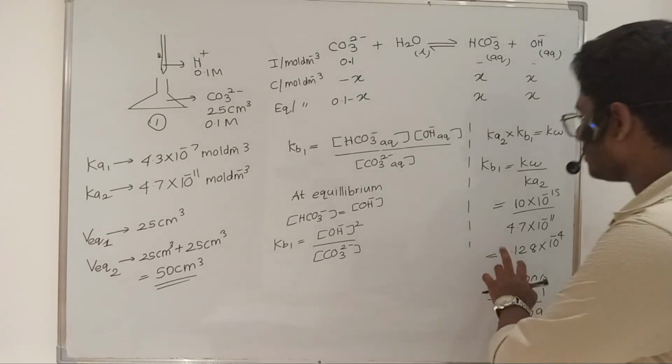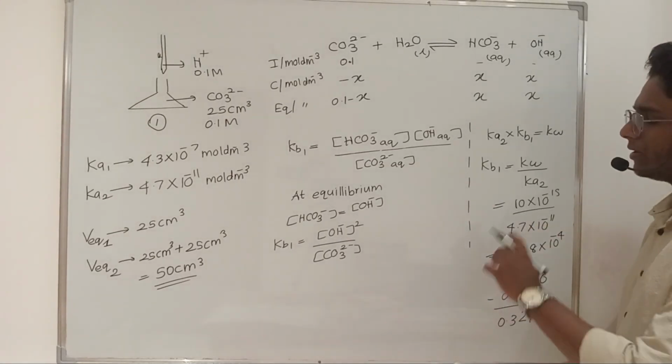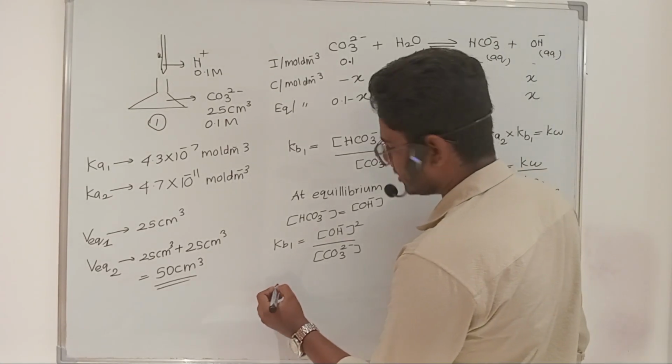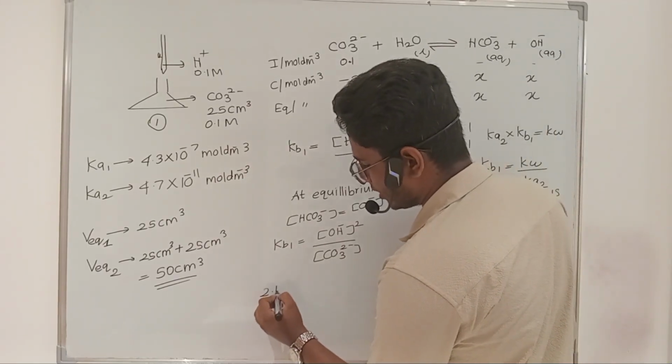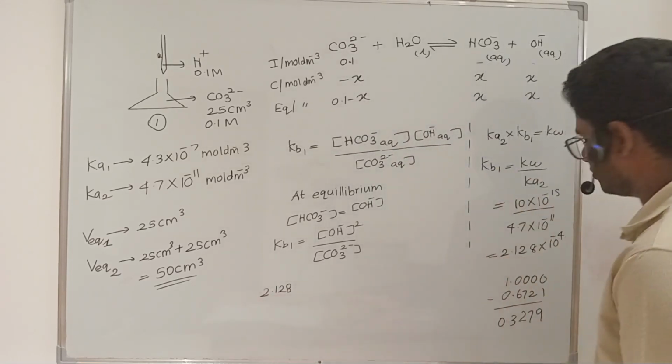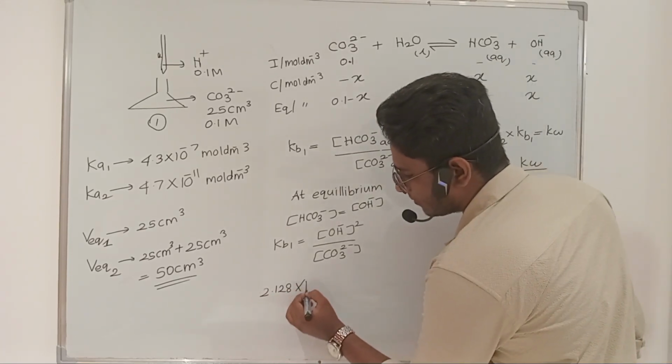Now I have found the Kb1 value, so I can substitute this. Kb1 is 2.128 into 10 to the power minus 4, that is Kb1.